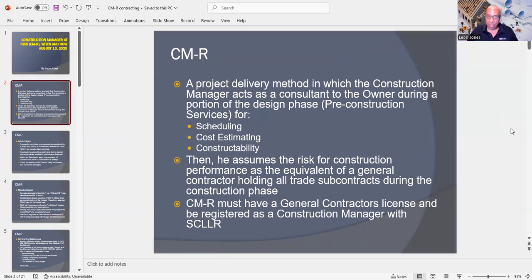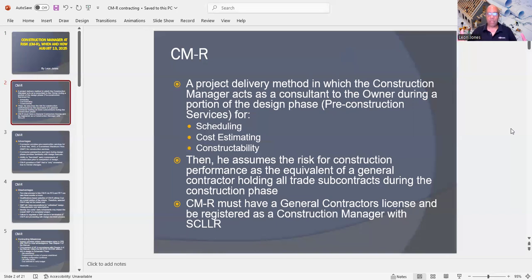That integrates the design phase, or the pre-construction phase, with scheduling, constructability, and cost estimating. Then the contractor, the GC, the general contractor, will assume the risk for construction performance, the equivalent of a general contractor holding all trade subcontracts during the construction phase.